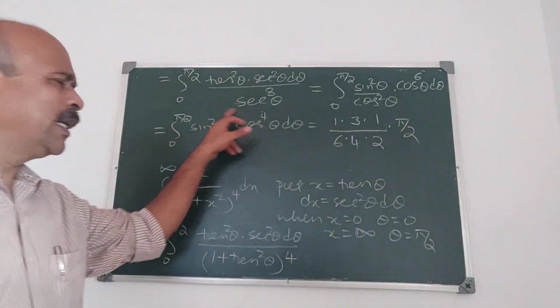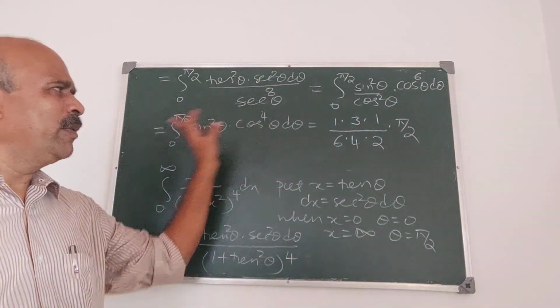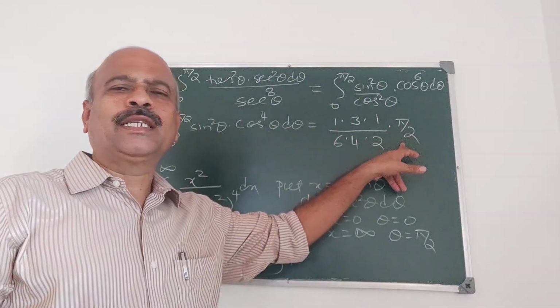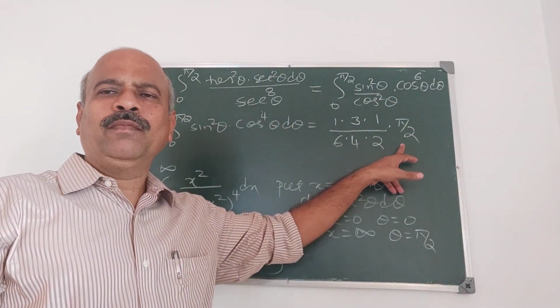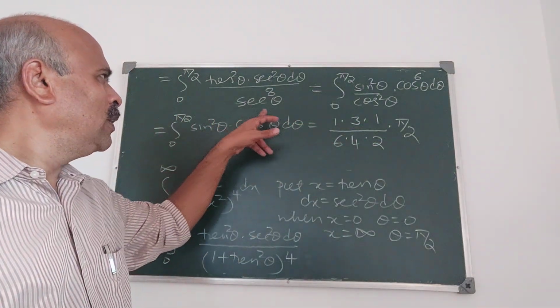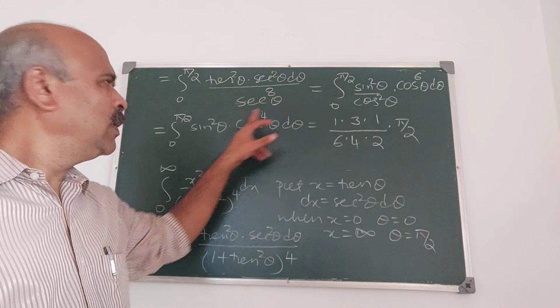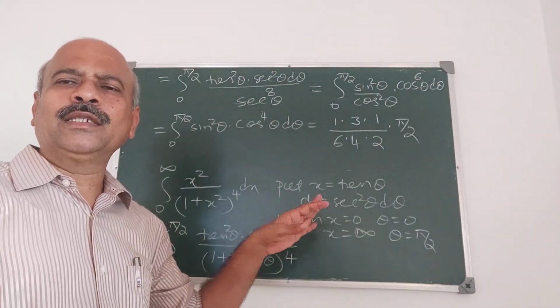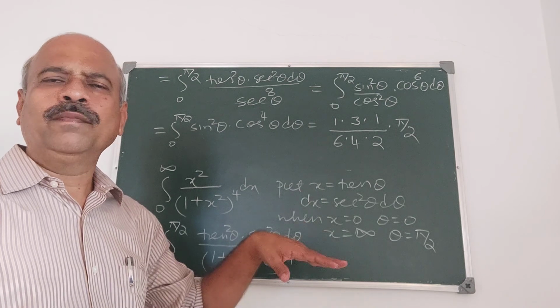It is important, both are even. Formula is simple here. When both are even, then only this extra factor into pi by 2 will be there. Otherwise, there will not be this factor. One starts from p minus 1, second starts from q minus 1, denominator starts from p plus q, and each factor decreases successively by 2.